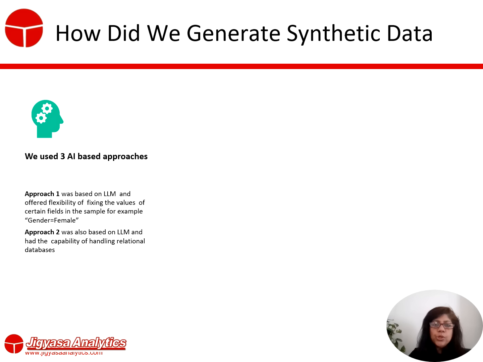The second approach was also based on a large language model. The advantage of this approach was that it had the capability of handling relational databases. Our third approach was based on diffusion models, which, as I have mentioned, is very popular in the area of image generation.